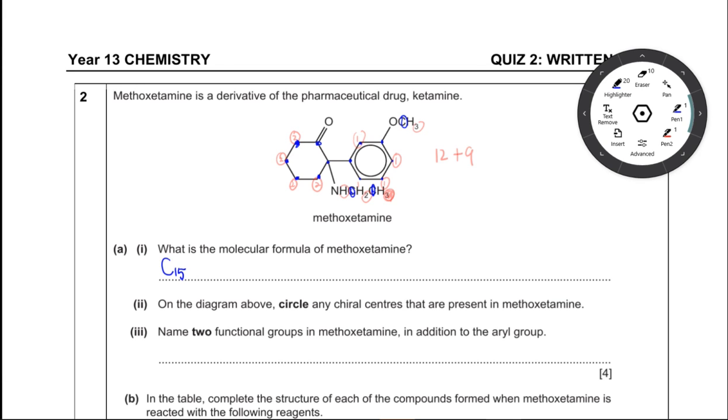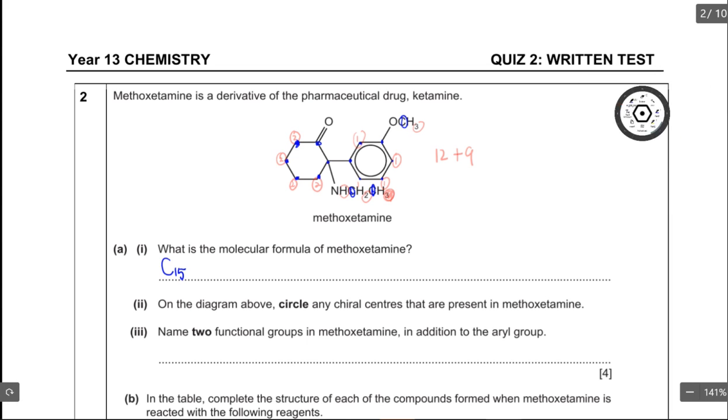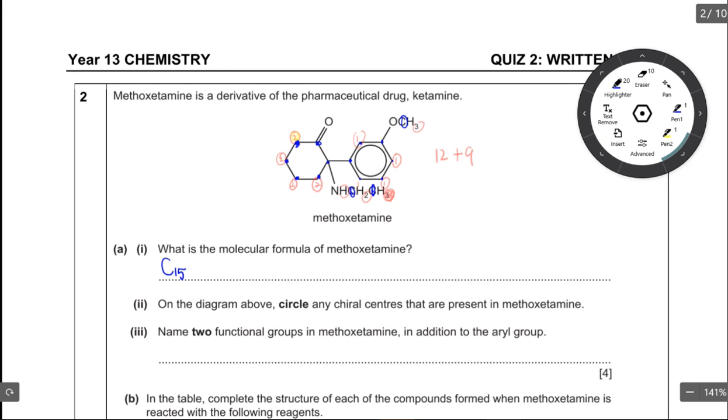I think most of you have no problem calculating the number of carbon, but take note on the number of hydrogen. Starting here, I'll just change the color. I have 2 here, plus 2, 4, 6, 8, then 10, okay, there are 2 hydrogen here, 11, then 12.